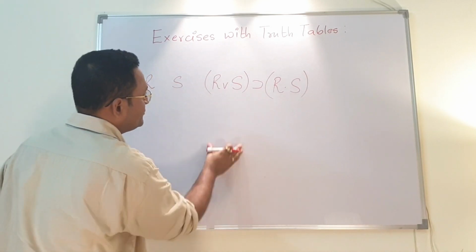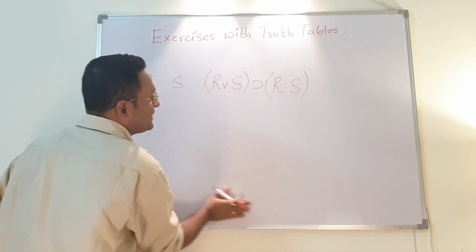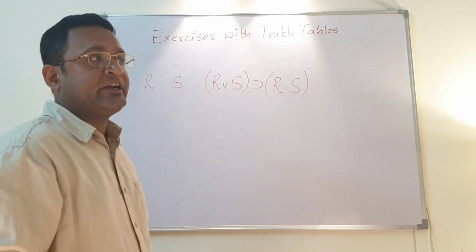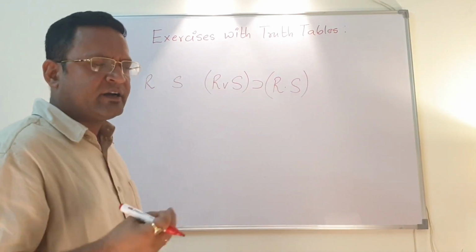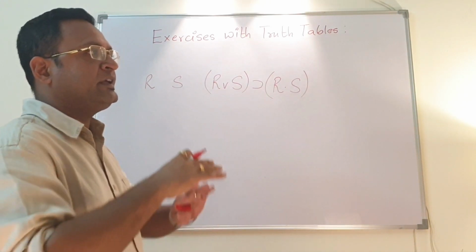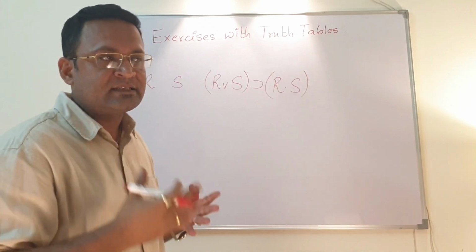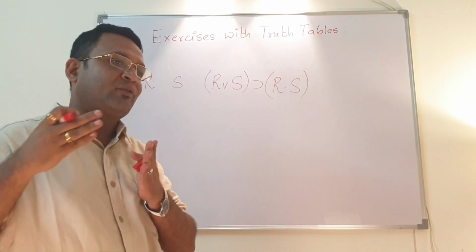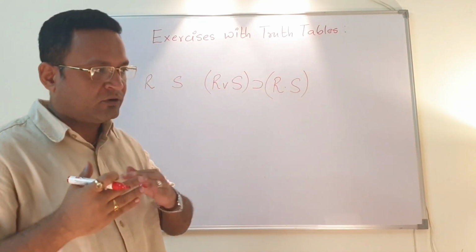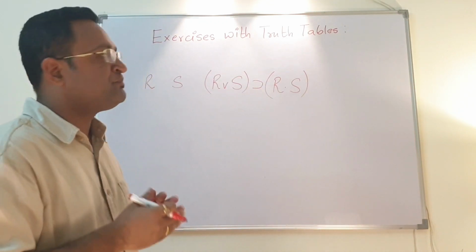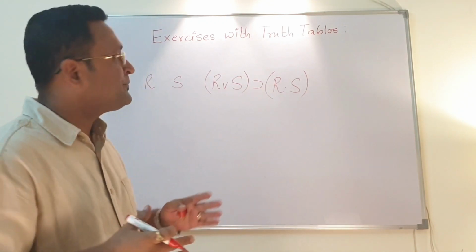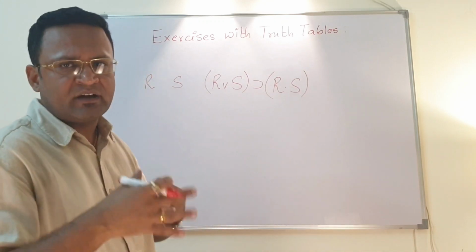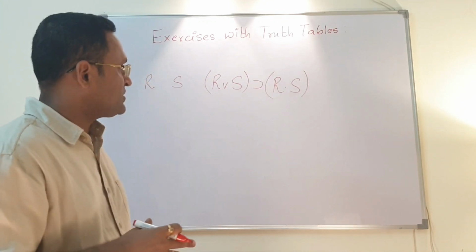We can draw it just here and then interpret, but that interpretation may get a little bit difficult. Initially we are not able to see things very easily. Then we have a proper vision of how to find the conclusion. Once we understand that, we will be very comfortable in solving these kinds of questions.